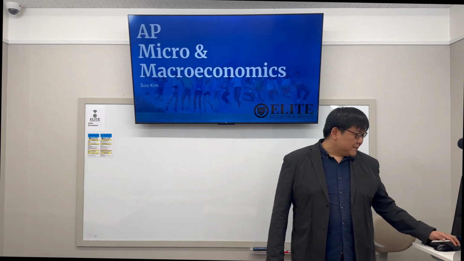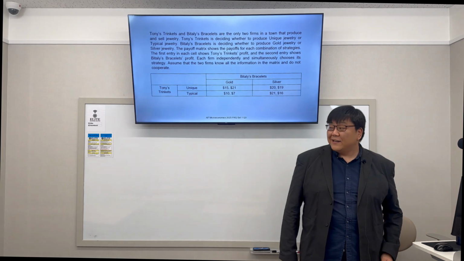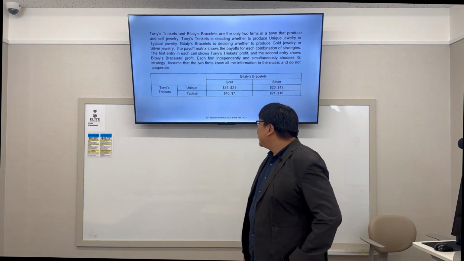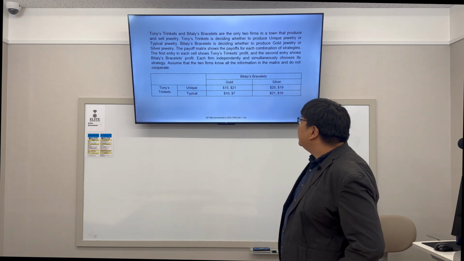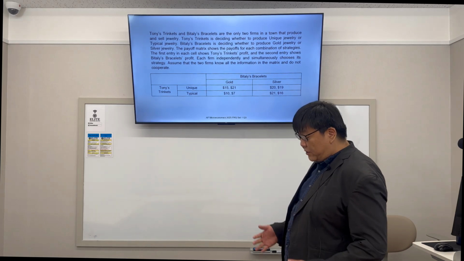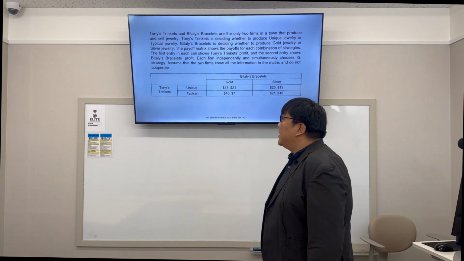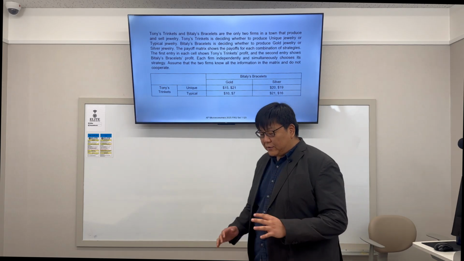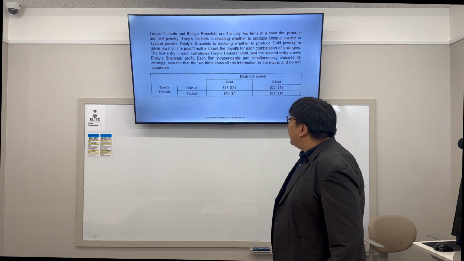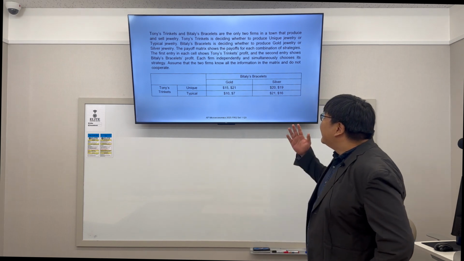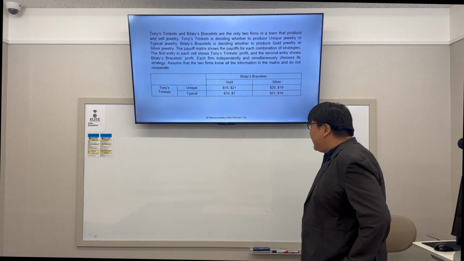So let's get started with this AP Micro 2025 free response question from set one. It's the third question, and you'll have about 10 to 15 minutes to solve this problem, ideally speaking. As you see, this is about game theory.